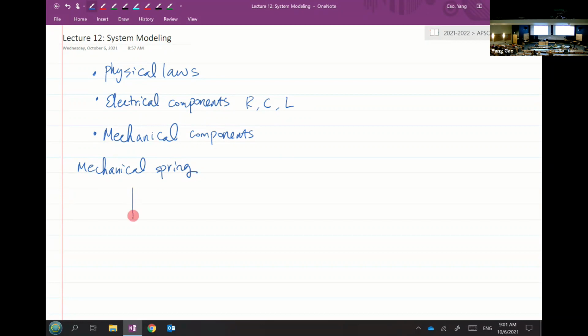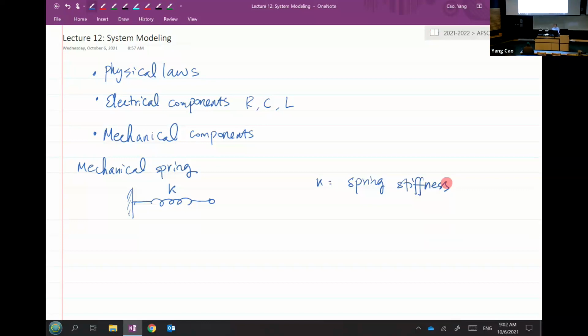A mechanical spring means you have a spring, a component which can extend or be compressed. And we use K to represent the so-called spring stiffness. Essentially, it's a constant representing how difficult it is to elongate or to compress it.